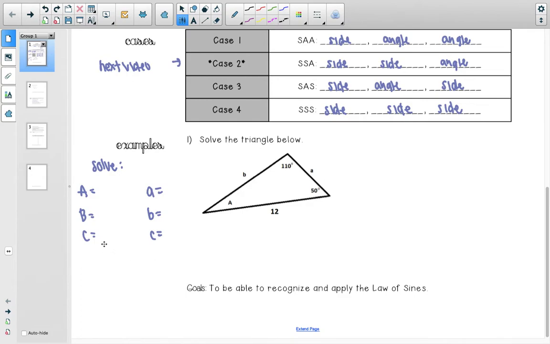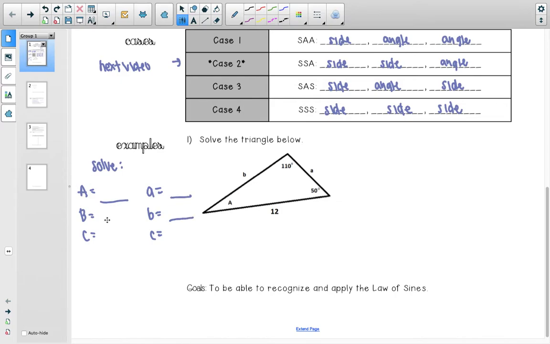I'm going to tell you right now that my horizontal lines are atrocious for some reason on this thing. I'm using a 6x4 inch tablet, and it's just weird to write horizontally. I don't know why. So we don't have angle A, we don't have side A, and we don't have side B.